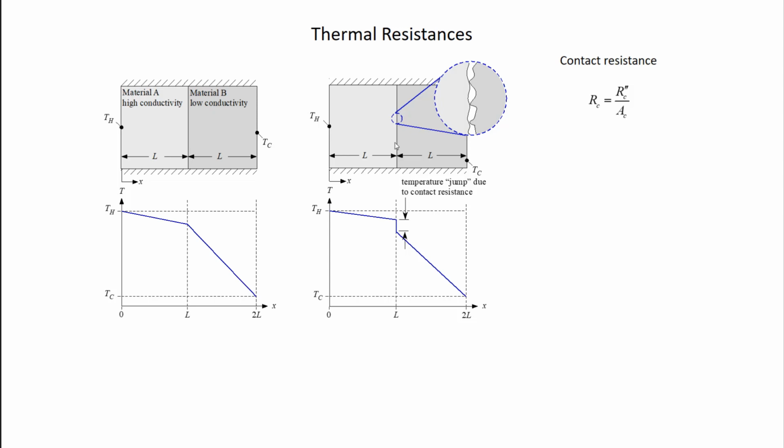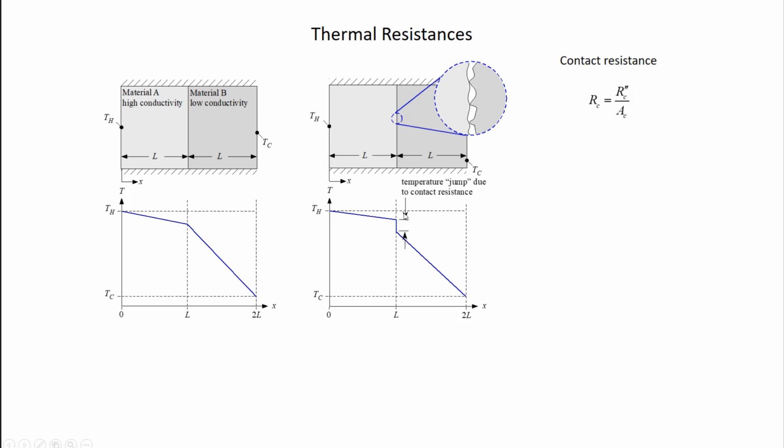So even if you could make that interface perfectly flat, you're still going to get some kind of a contact resistance at that interface related to just the difficulty of getting the energy from one set of energy carriers to another, right? And at cryogenic temperatures, that can be kind of a big deal. So this is our contact resistance.